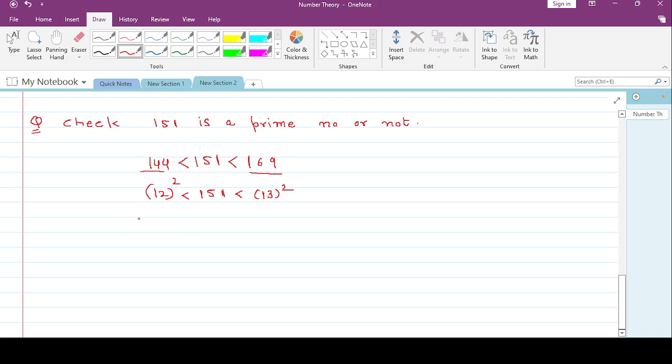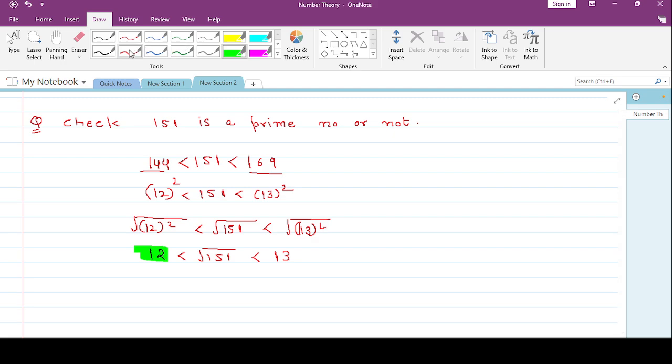Now take the square root. So square root of 12 square is less than square root of 151, which is less than square root of 13 square. So 12 is less than square root of 151, which is less than 13. Now you notice that the number on the left hand side is 12.